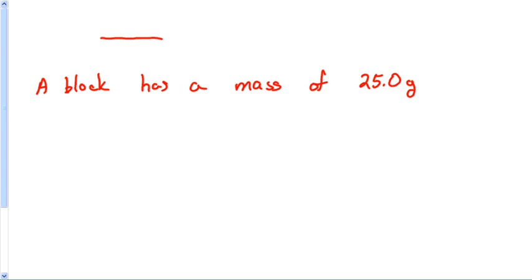And as you go through them and you try and read them, a block has a mass of 25.0 grams and a density of 2.7 grams per centimeter cubed.